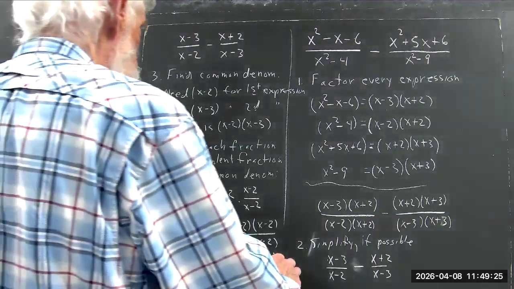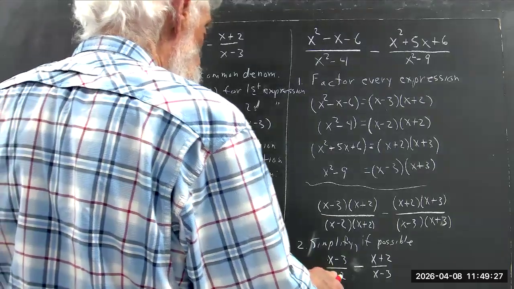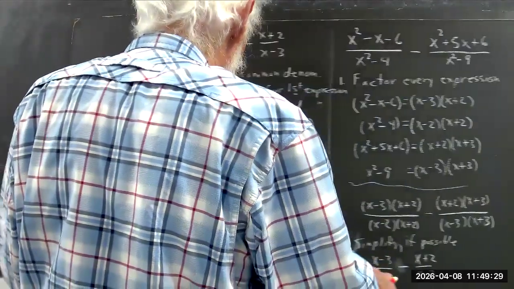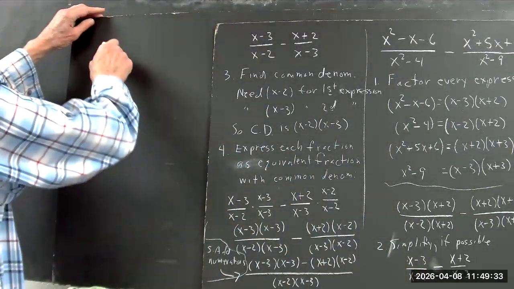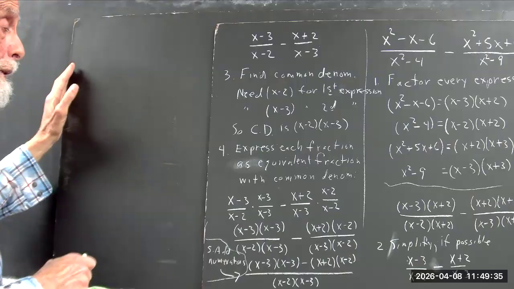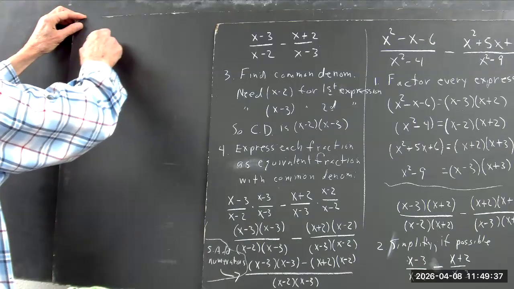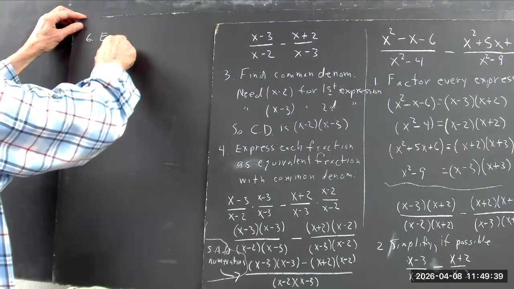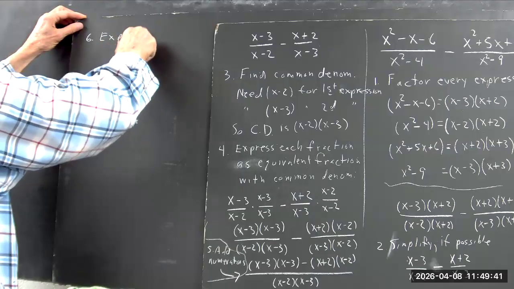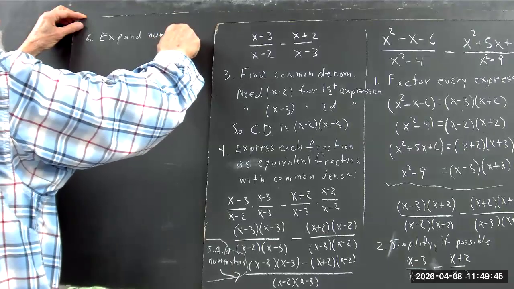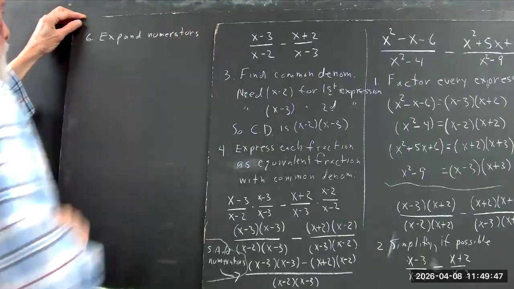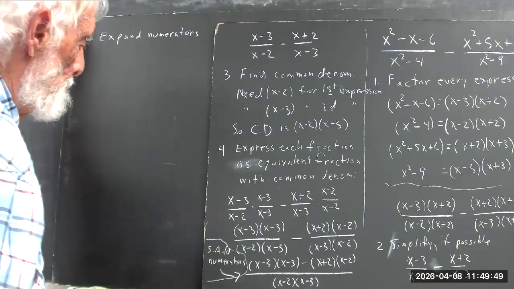And now we go to the next step, which is called step 6. I'm sure I've got enough board here. Step 6: expand the numerators.